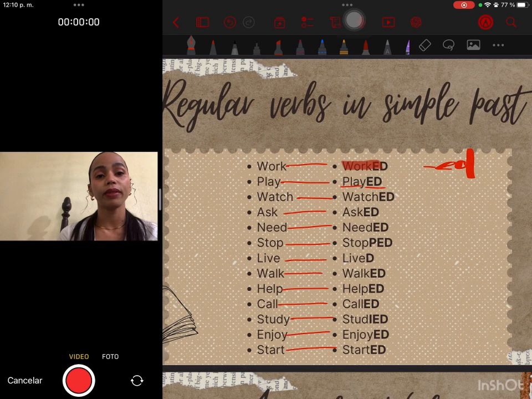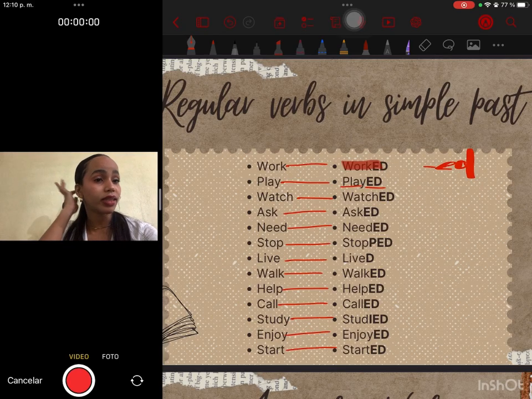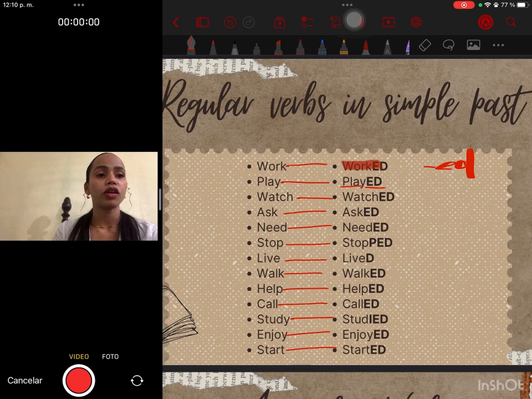Play is a verb ending in vowel plus y, so just add ed for the simple past. And an example for stop: stop is a CVC word, so double the last consonant and add ed.